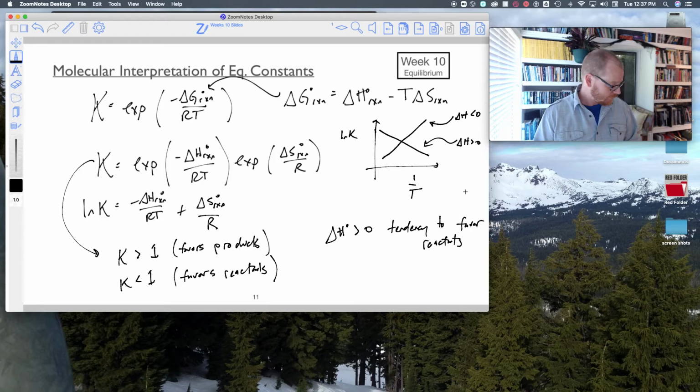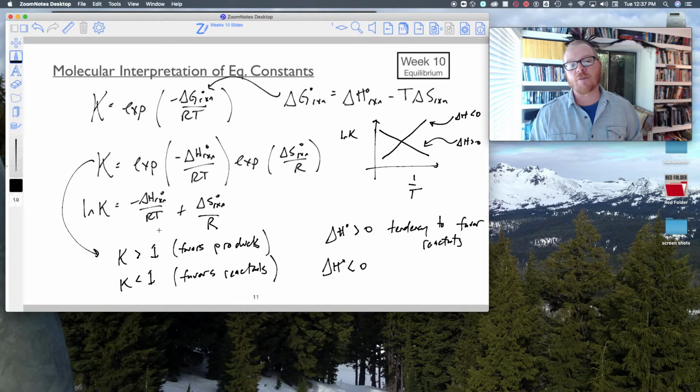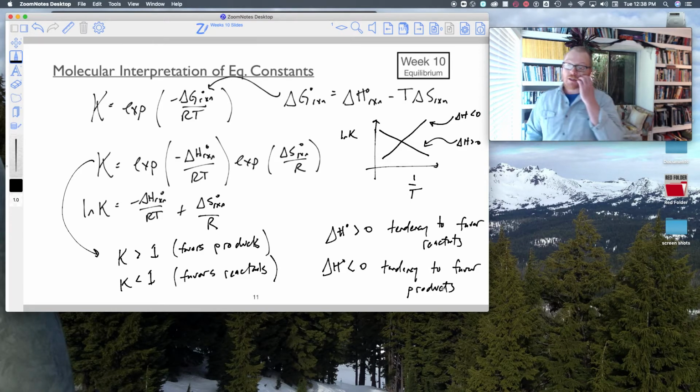Okay? Similarly, if the delta H is less than 0, we have a negative times a negative, which gives me a positive, and the exponential of a positive number gives me a number that's greater than 1. So with exothermic reactions, there's a tendency to favor products. Now, of course, we have to consider what's going on with delta S, right?